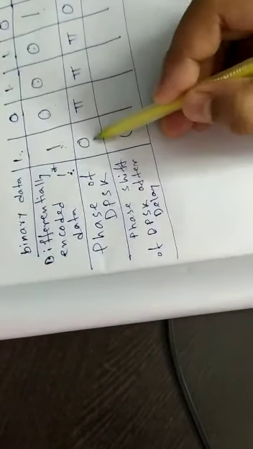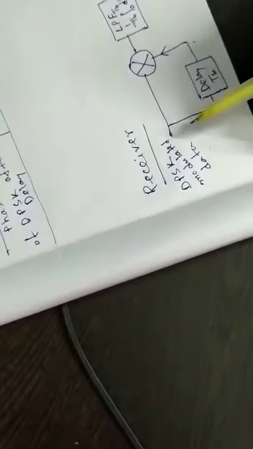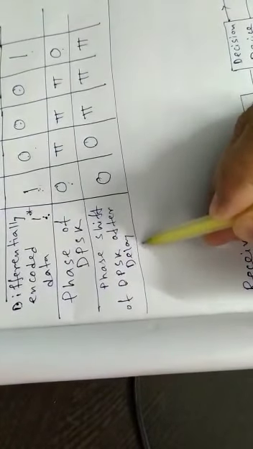Then this 0 degree will come here, because here you can see the DPSK signal you get after 1 bit time of delay. So this 0 degree phase shift will come here, this pi comes here, this pi comes here, this pi comes here, and you do not have to consider that. So this is the phase shift of DPSK after delay.